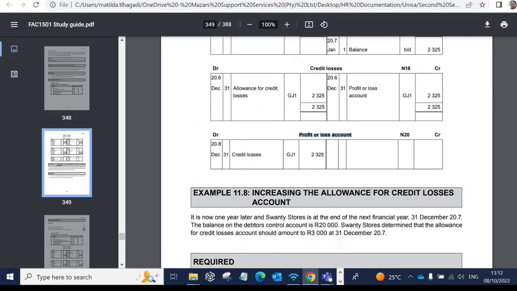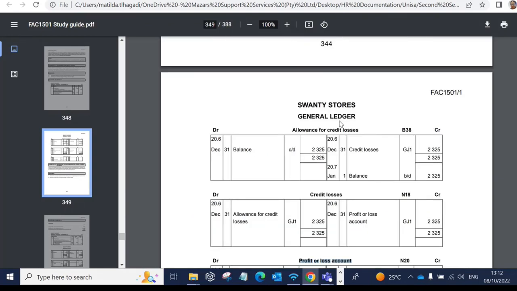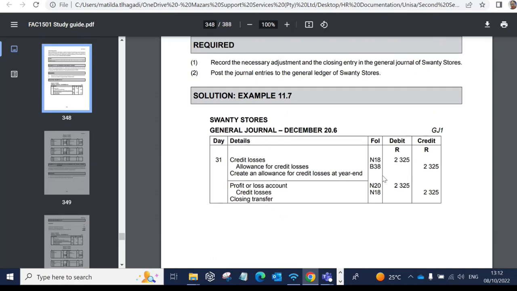Do you understand what that means? Basically, at the end of December 20.6, our balance for credit losses is 2,325, and the company is expecting that by December 20.7, this should be 3,000. So how much must the credit loss be for December? It's the difference between 3,000 and this.